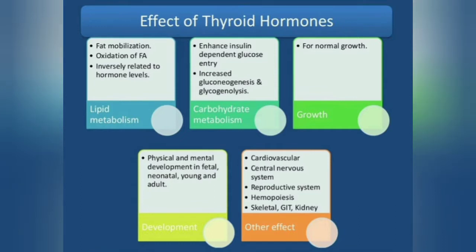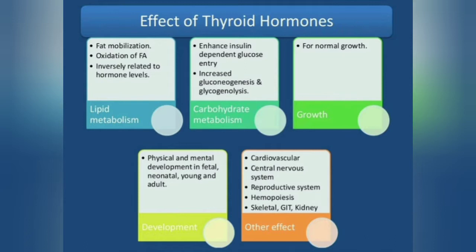And then we have to know how thyroid hormone helps in carbohydrate metabolism: it enhances insulin dependent glucose entry, and increases gluconeogenesis and glycogenolysis. And then growth. For normal growth, thyroid is a necessary function for growth and development in human beings.